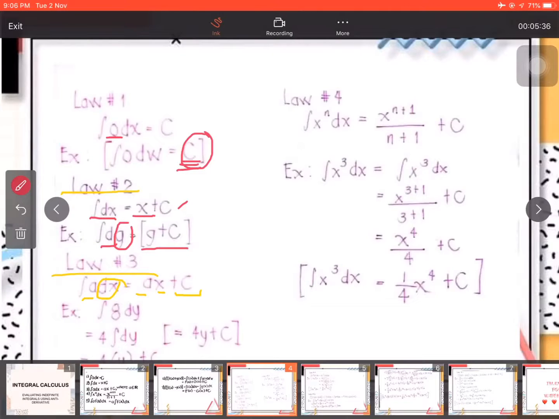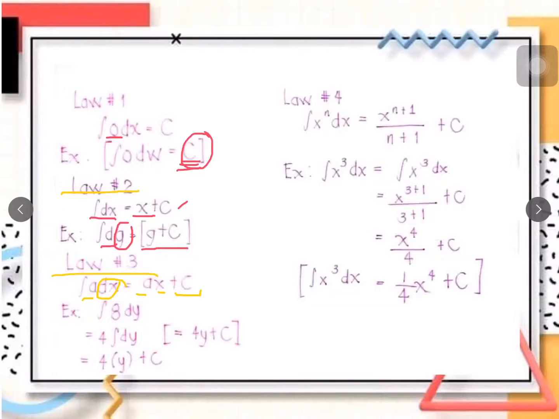Another example, the integral of 8 dy, we take out the 8 here, sorry for the errors, then integrate dy, the answer is 8 times y plus our arbitrary constant c. 8 times y is 8y plus c.